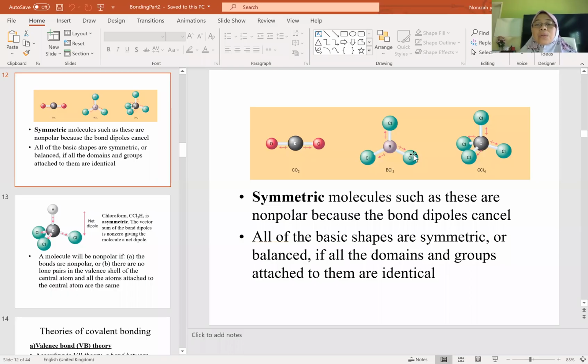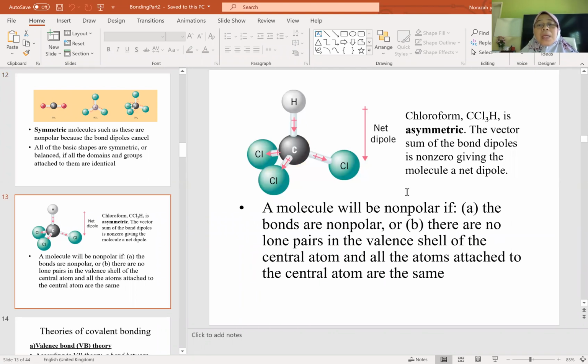The same goes for BCl3 and CCl4, because if they are viewed in 3D structure, all the dipole moments cancel each other. So let's say you have an asymmetric molecule or compound, with chlorine attached to carbon, and here hydrogen.